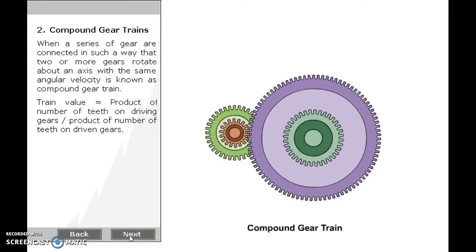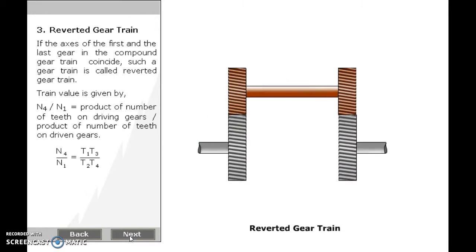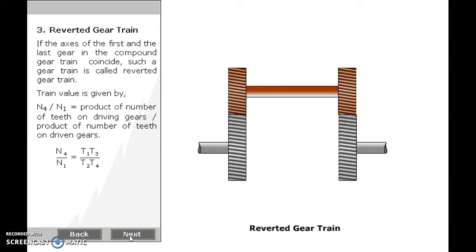You have to mount two gears on one shaft; this is called a compound gear train.